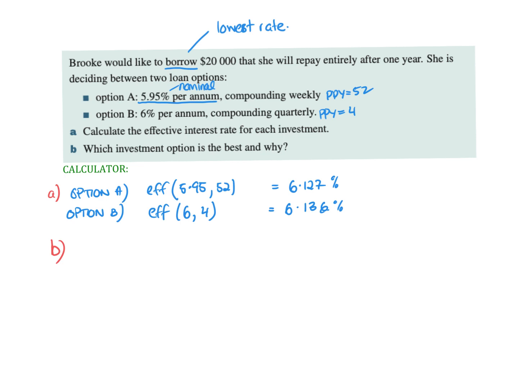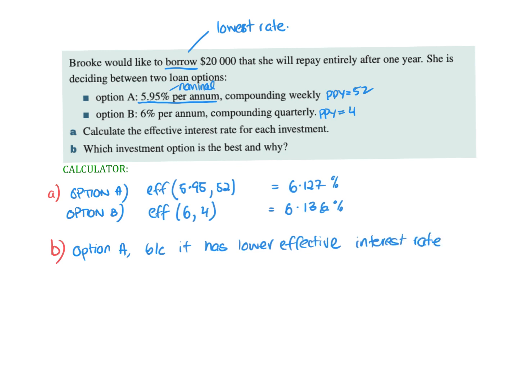Option A. Good. So when they ask which option and why, you can say option A because it has the lower effective interest rate.